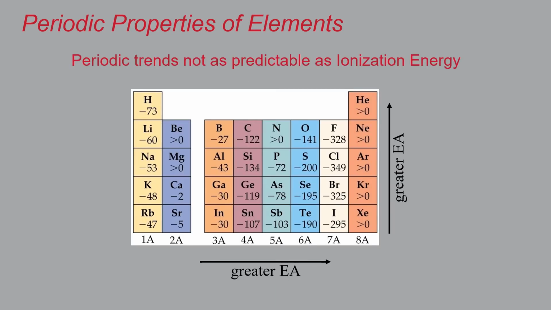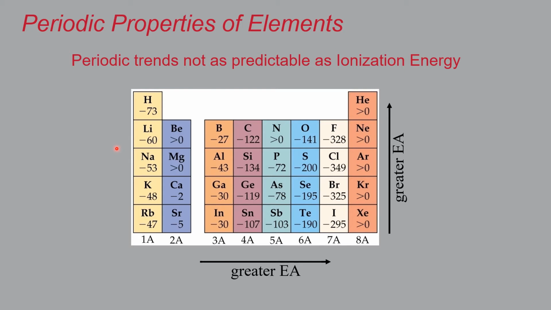What you see here is a fairly generous use of the word trend. Broadly speaking, electron affinities get larger as you go from the bottom to the top, and from the left to the right. But there are quite a few breaks in that trend, and if you look carefully at the electron configurations of these various elements, you can quite nicely describe the breaks.